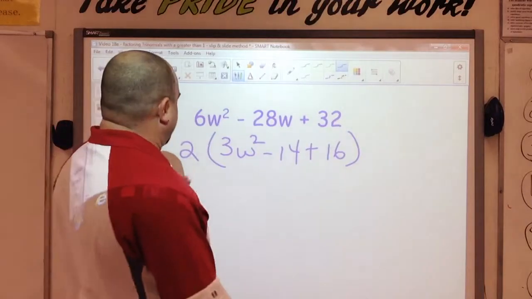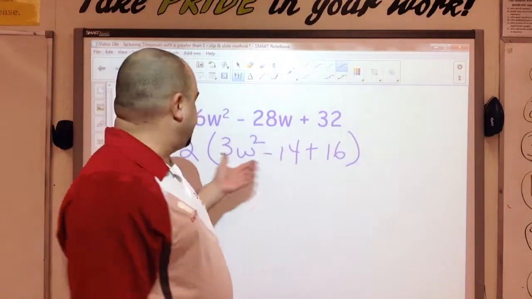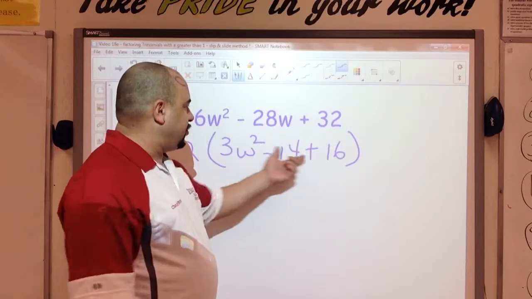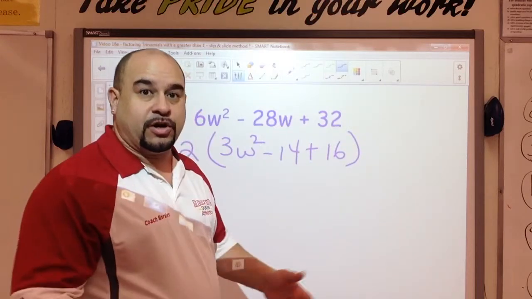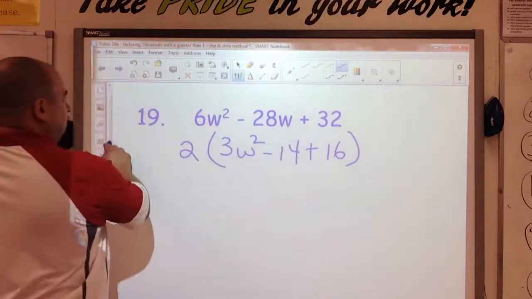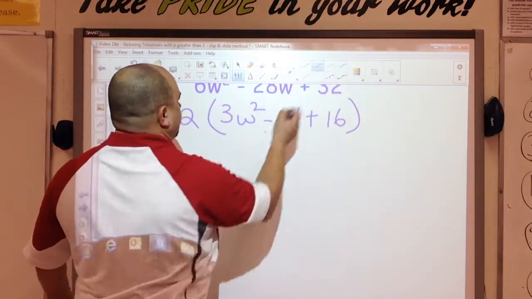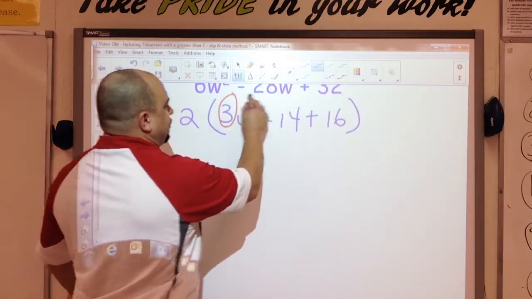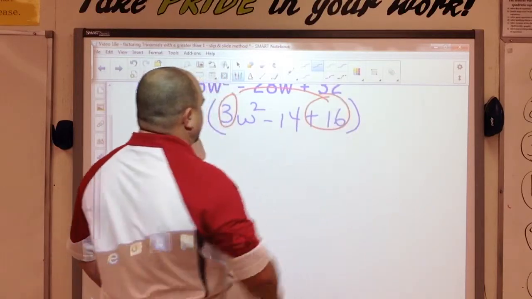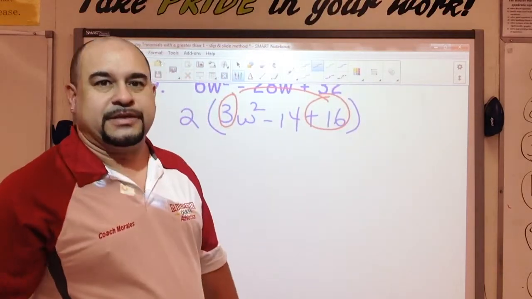Now, we're going to take this trinomial here, and we're going to start on it. If you remember, we took the 2 outside numbers and we multiplied them. What's 3 times 16? That's 48.